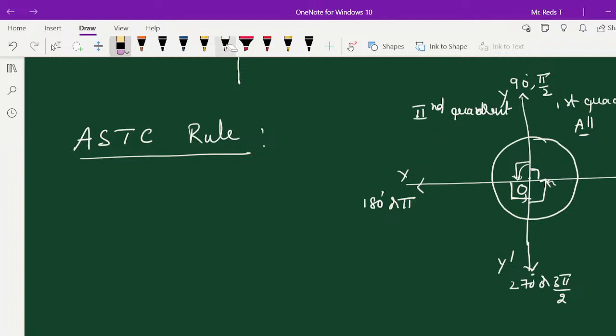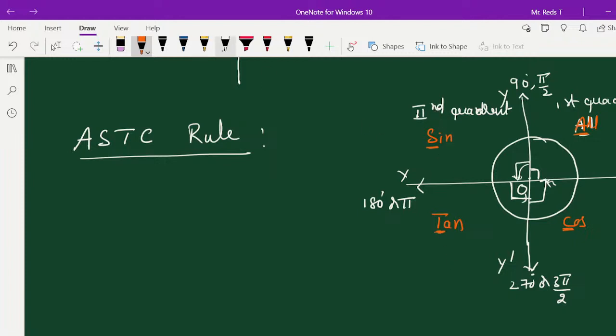Here this is all, so remember A. Here sine, so the first letter is S. Then tan, so we consider T, and in cos, the first letter is C. These are positive.